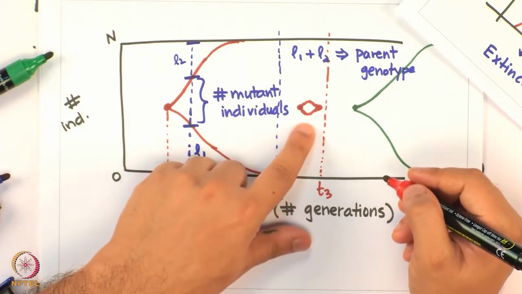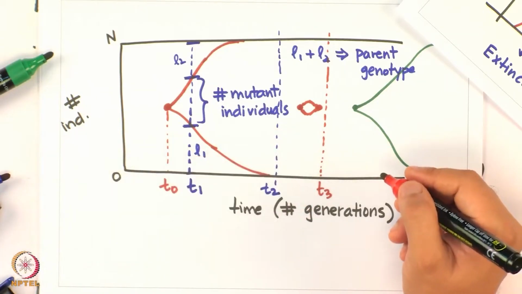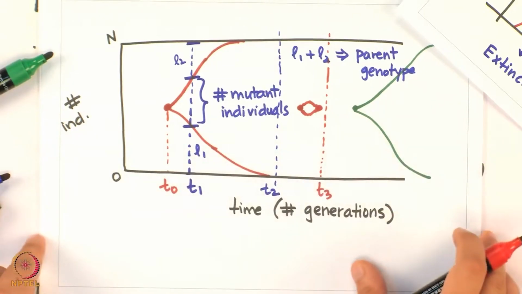They were just eliminated via genetic drift. So, this is another representation that you might use to represent an evolutionary experiment. In another variant of this, okay, we will come back to that.